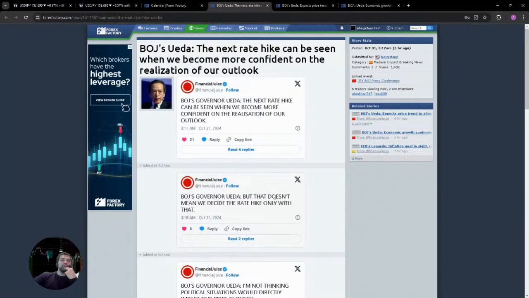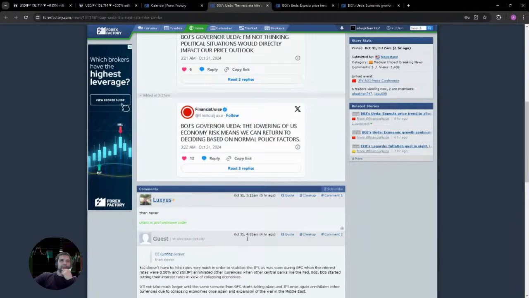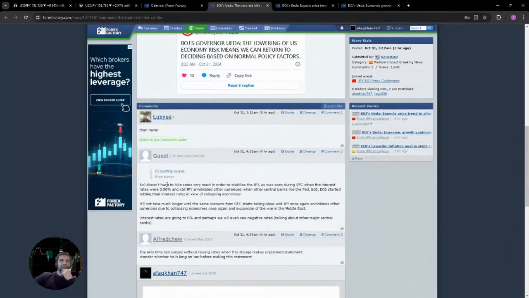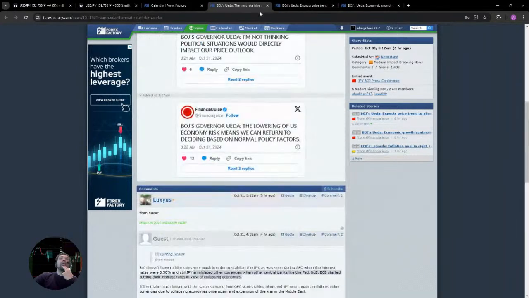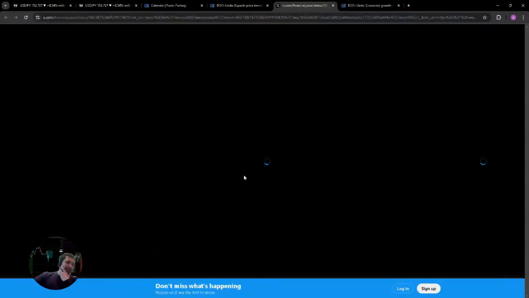See, these are all ambiguous answers. The BOJ governor said that, but that doesn't mean we decide the rate hike only with that. I'm not thinking of policy as recently impacting our prices. This is something some guest has written. Anyway, it notes high uncertainty.